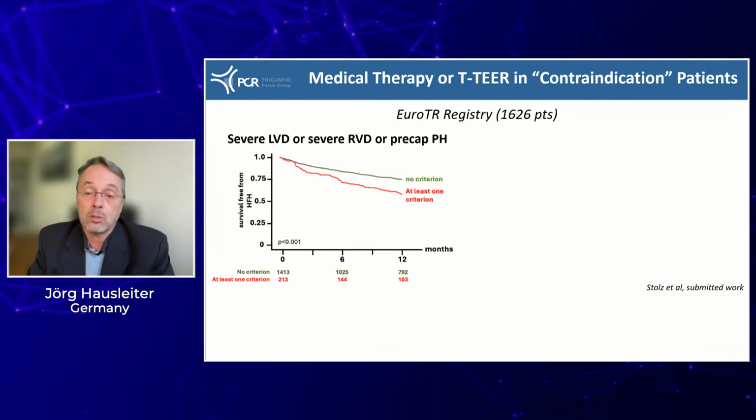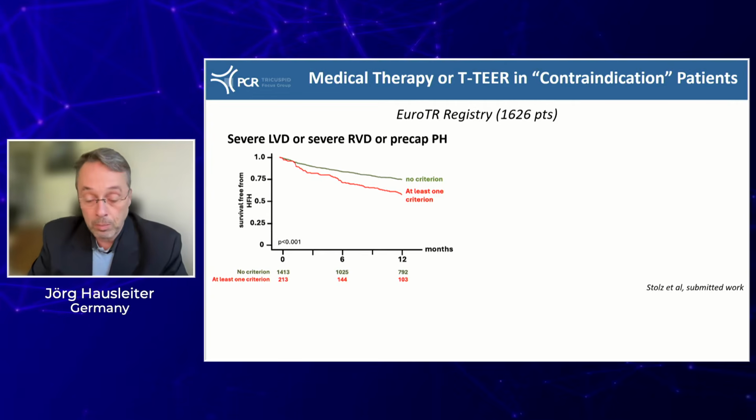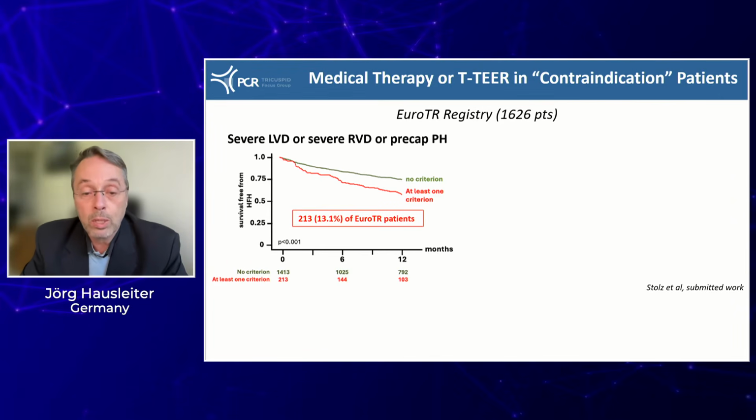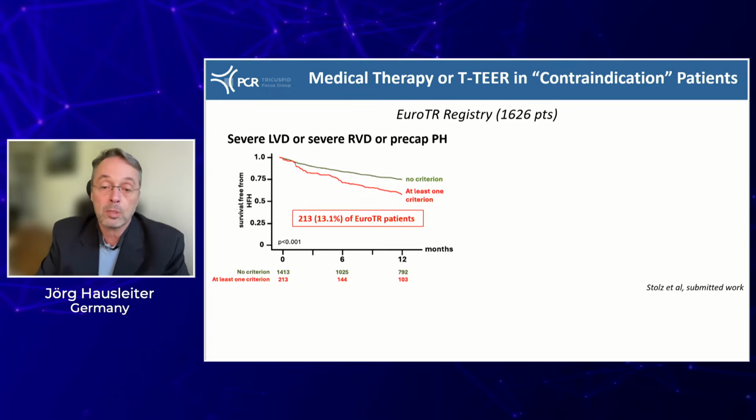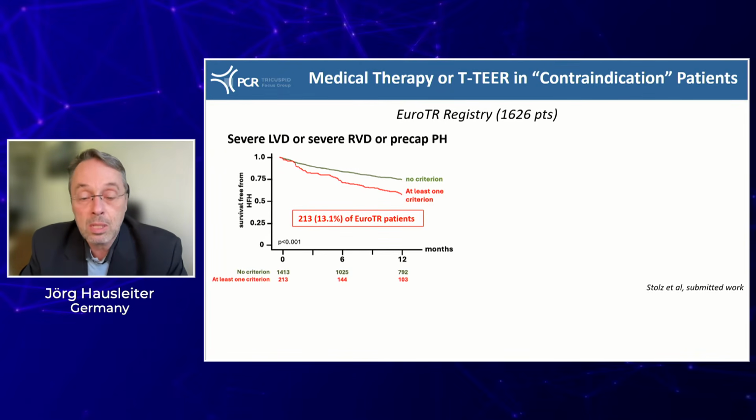And in the EuroTR registry, including more than 1,600 patients, there were 213 patients who had at least one of those 3 criteria: severe left ventricular or right ventricular dysfunction or precapillary pulmonary hypertension. Now, of course, due to this concomitant disease, they have a worse outcome.